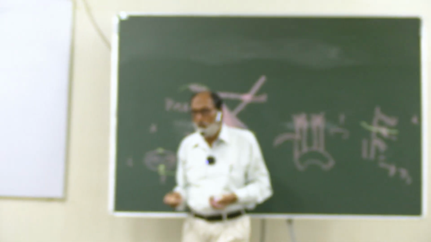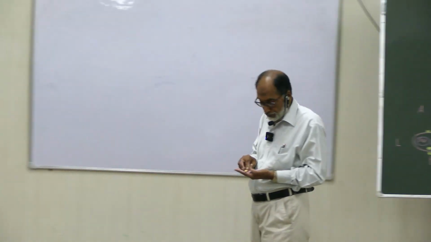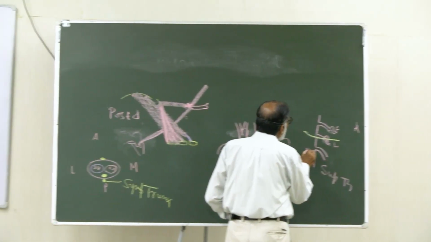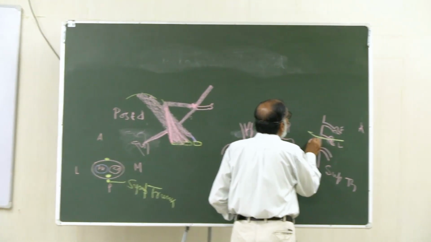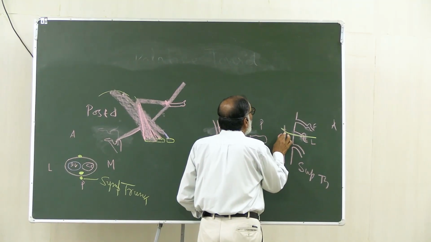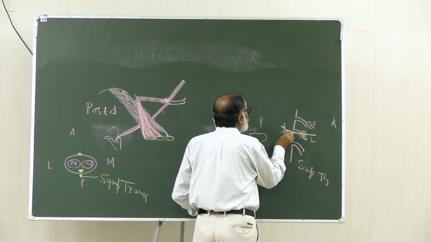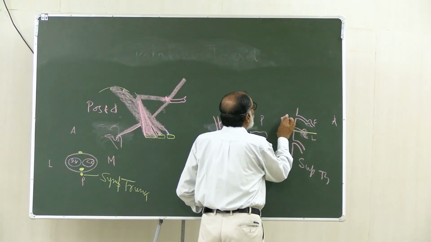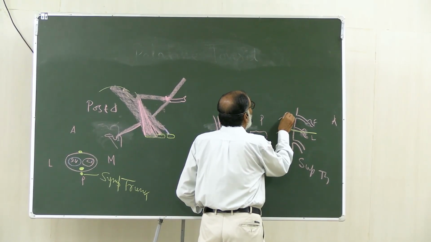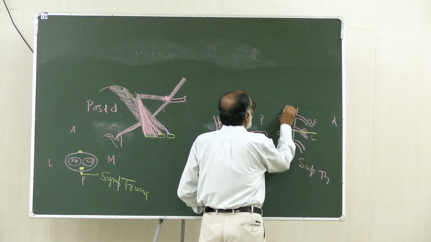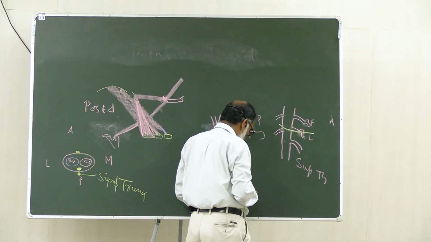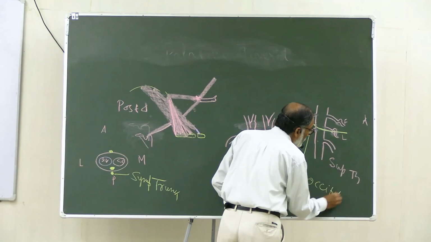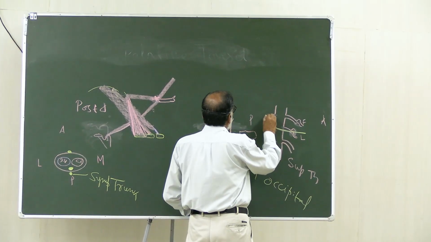Now what are the posterior branches? Posterior branches you will get occipital and posterior auricular. This is occipital, this is posterior auricular.